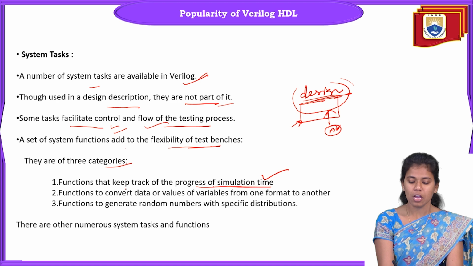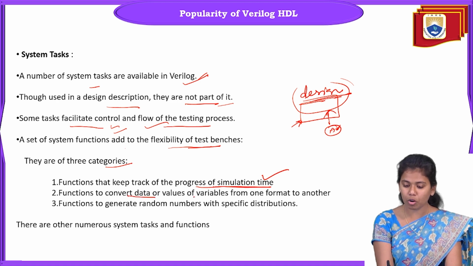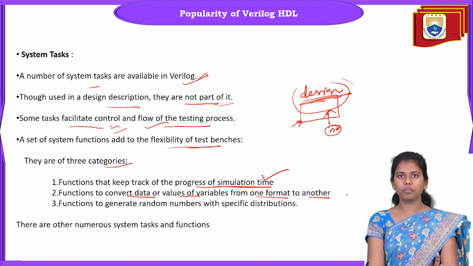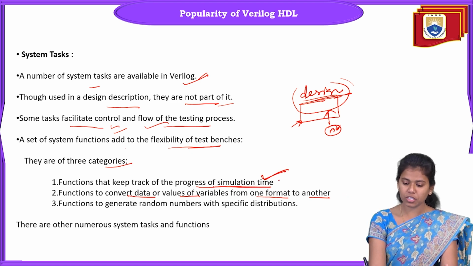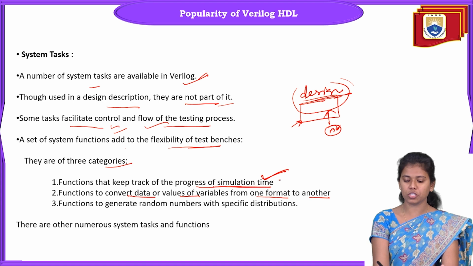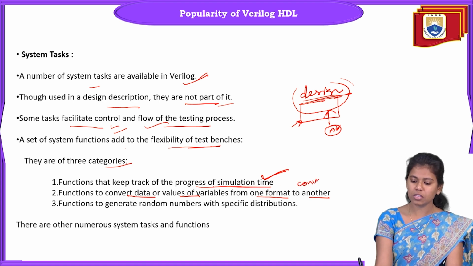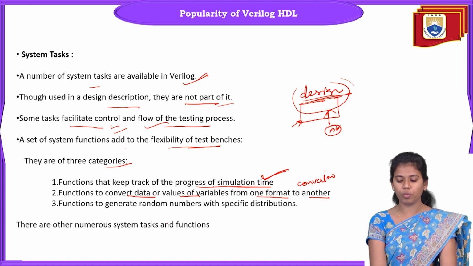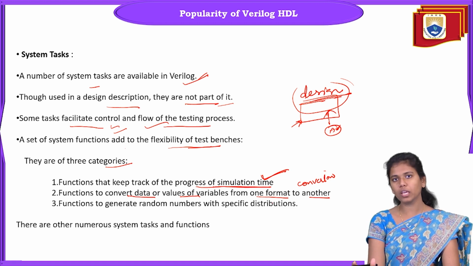The second one is functions to convert data or values of variables from one format to another. So the first one is simulation time, the second one is conversion, the conversion of data or variables from one format to another.